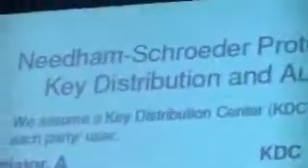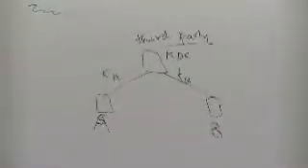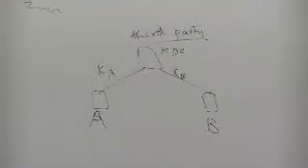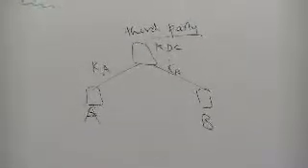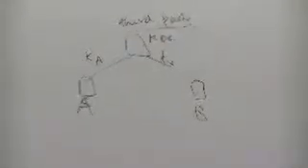Also the assumption is the KDC shares a secret key with the two users A and B, so let's say KA and KB. KDC knows that it shares a key KA with user A and a key KB with user B. So the KDC and both these users know what keys they are sharing with the KDC.